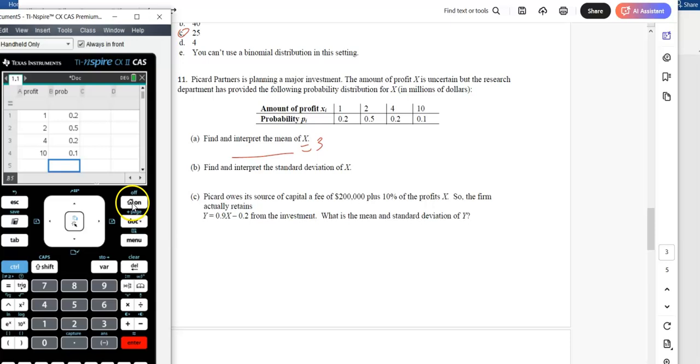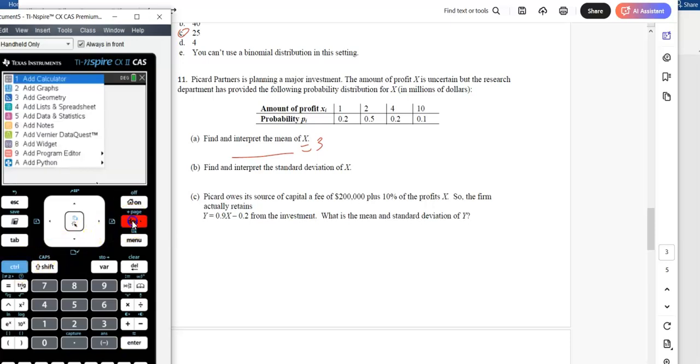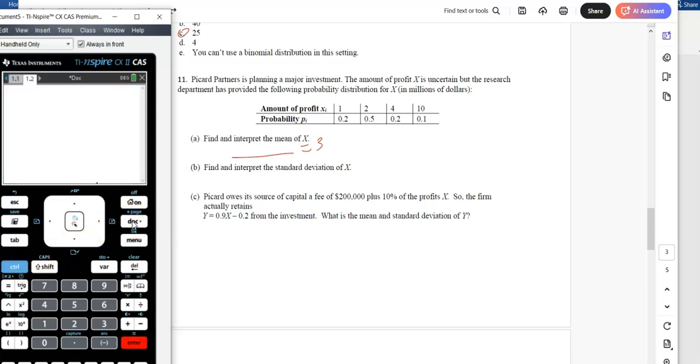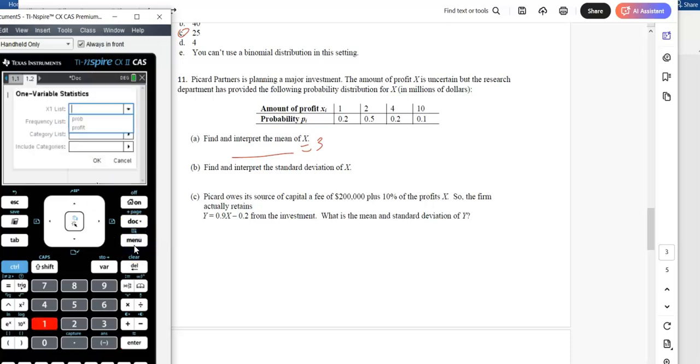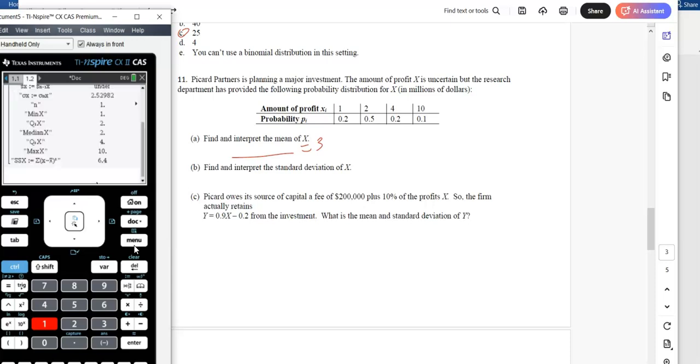Okay, go to calculator page. Menu 6, 1, 1, one variable stats, profit, prob. So standard deviation is 2.529.